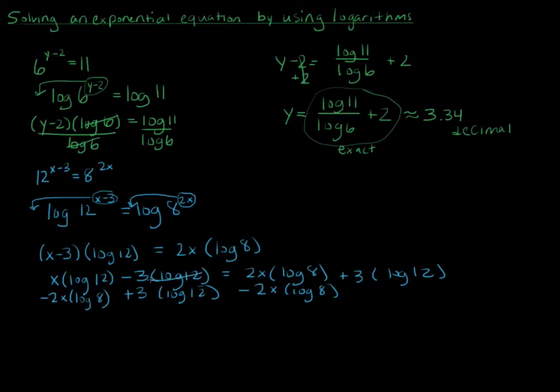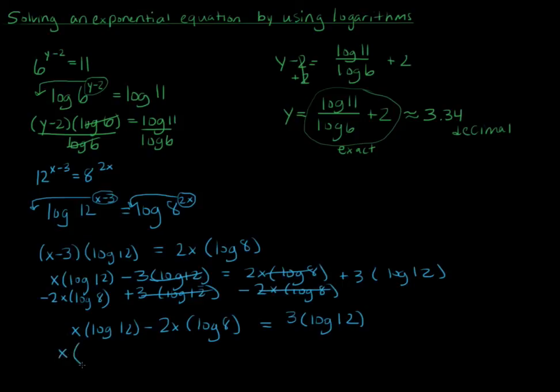Okay, so these cancel each other out, and these cancel each other out. And what we're left with is x times log 12 minus 2x times log 8 equals 3 times log 12. Now what we can do here is factor out the x.